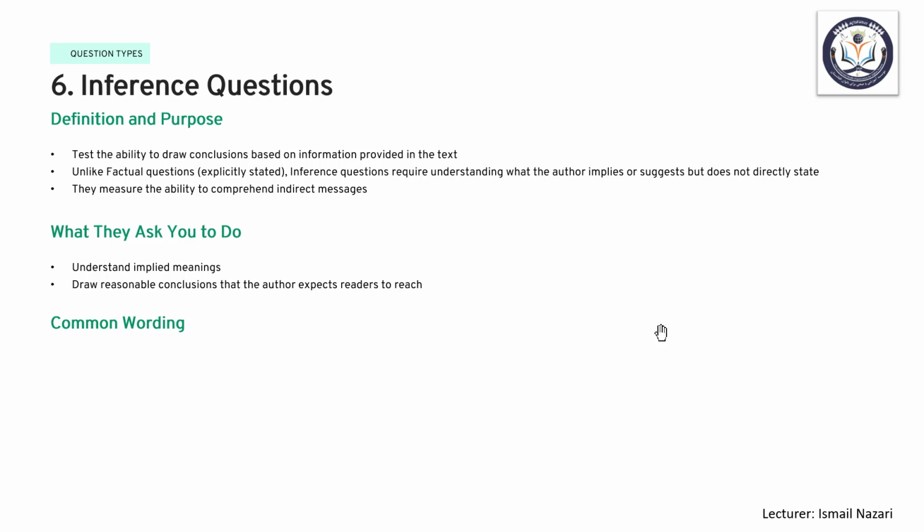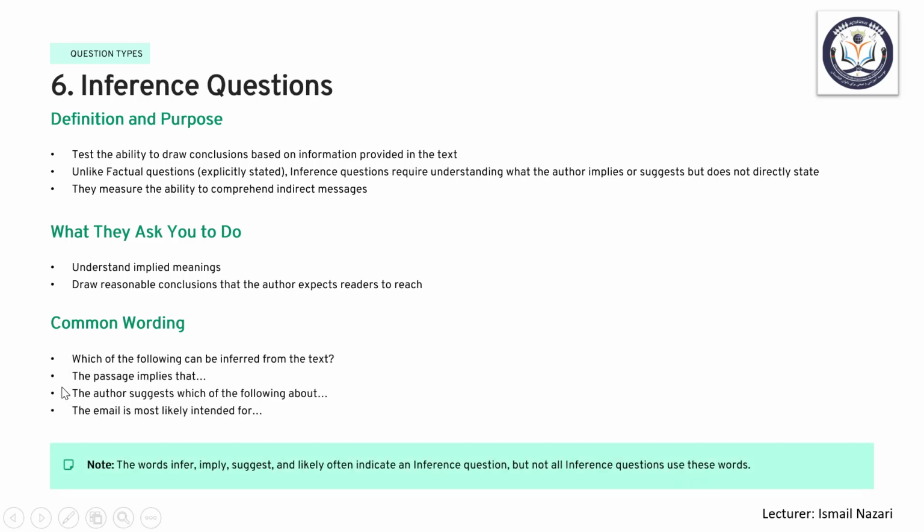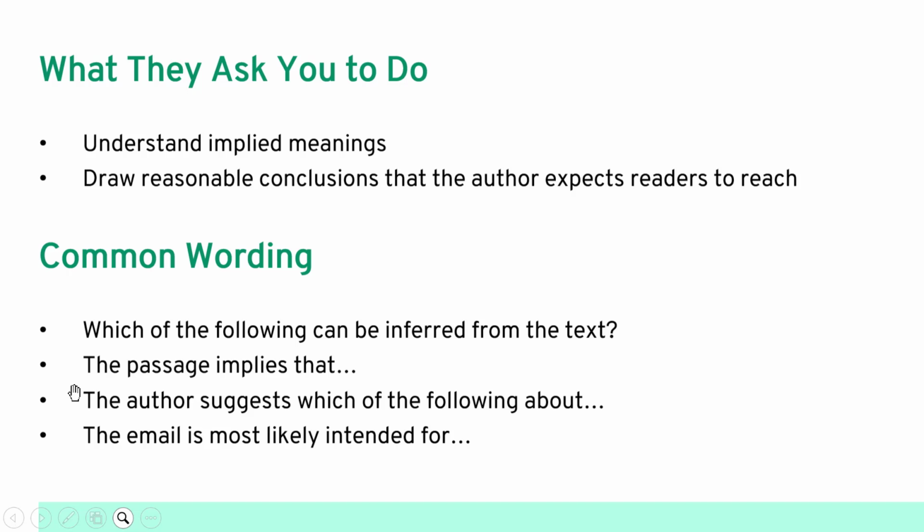Now, how the inference question is worded is another point. These are the common wordings that we may have for an inference question. It means how to identify this one. We can check out this list of questions. Which of the following can be inferred from the passage? What does it use? Inferred. The passage implies that the author suggests which of the following about, so suggest, infer, implies. The email is likely intended. So we have this for the inference question.